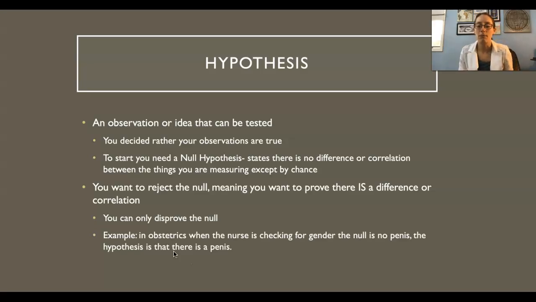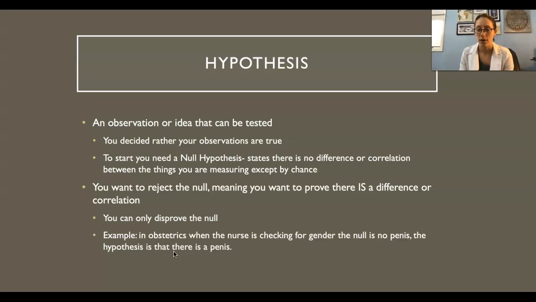For example, in an OB patient, when a nurse is checking for a gender, the null is that there is no penis, and the hypothesis is that there is one. So if our hypothesis is that it's a boy, then we should expect to see a penis, right?